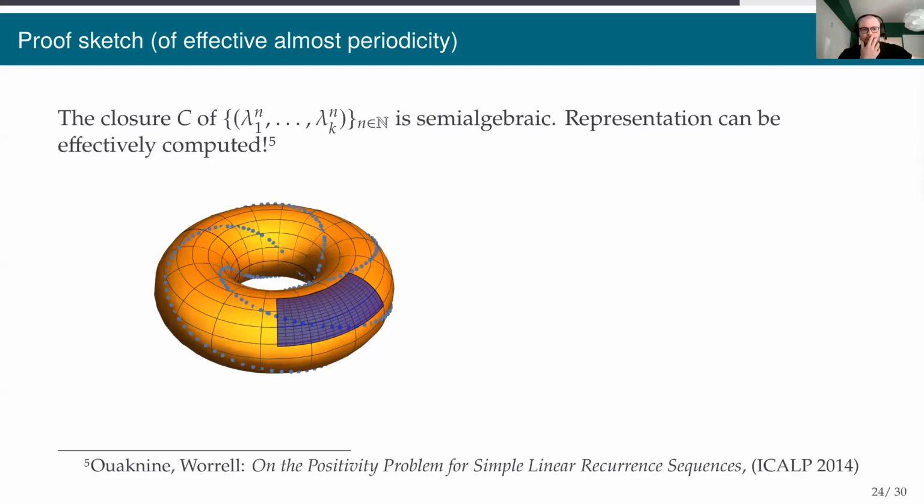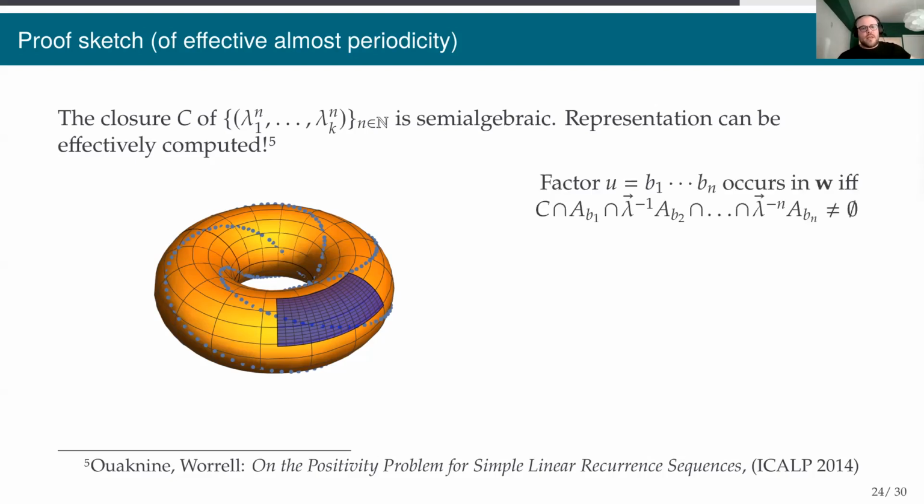Whenever a blue point hits this blue set on the torus, the characteristic word has 1, and otherwise it has 0 at that point. And now the thing is that the closure of this orbit is semi-algebraic, and a representation can be effectively computed. This has got to do with multiplicative relations of these algebraic numbers lambda 1 to lambda k.